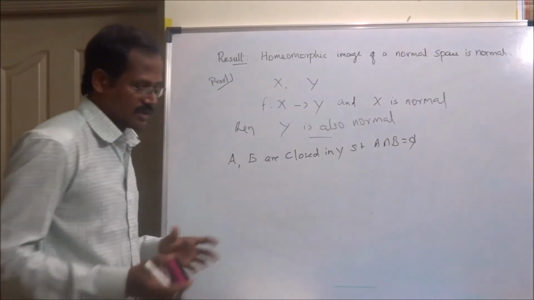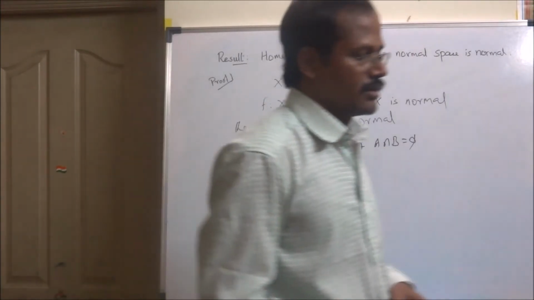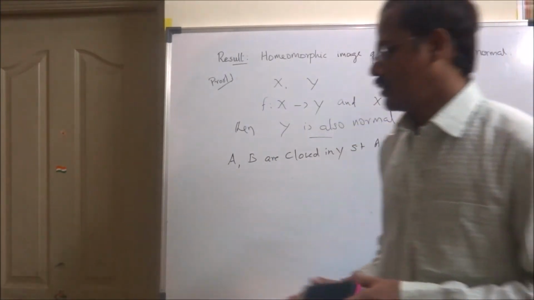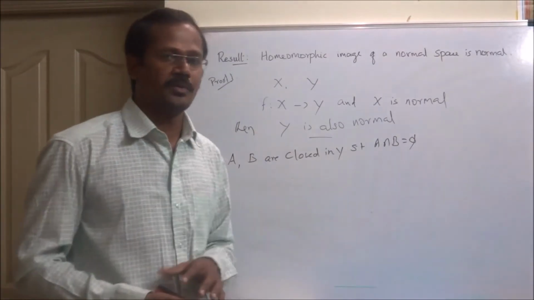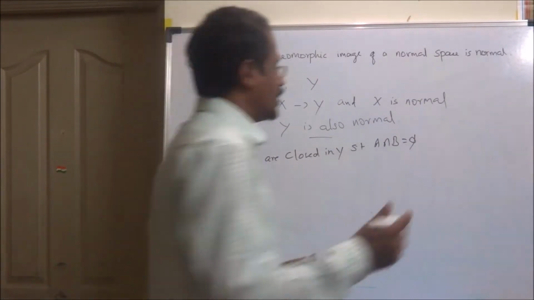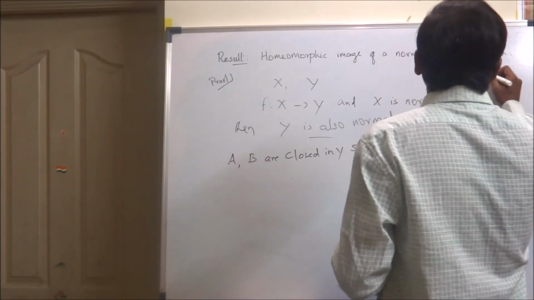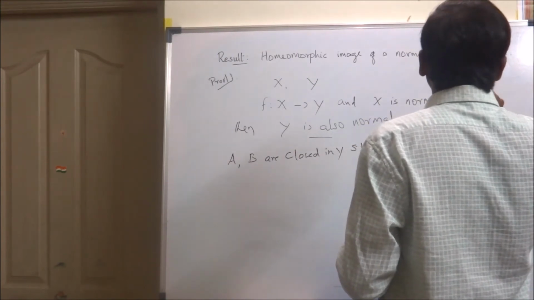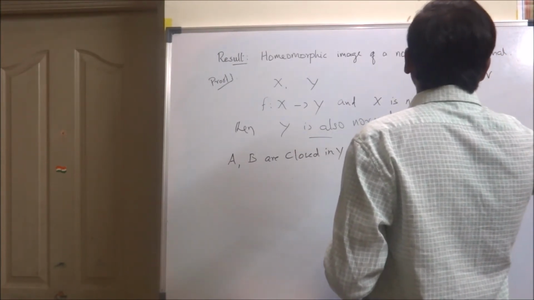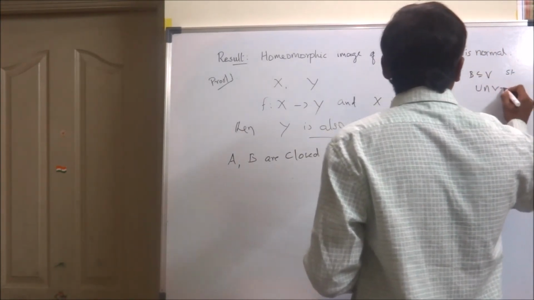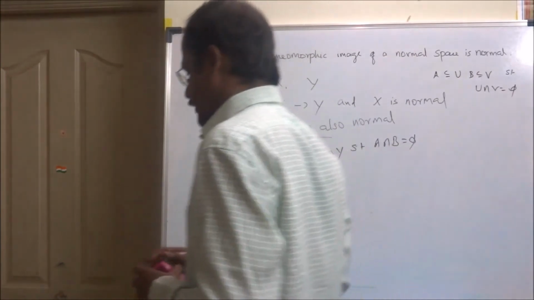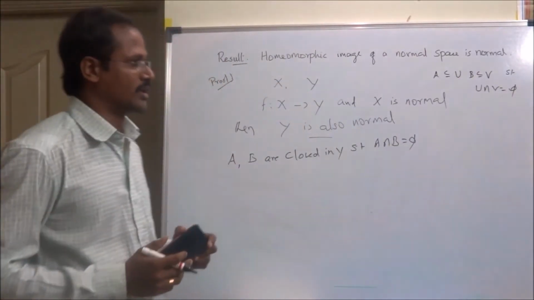So we are considering two disjoint closed sets in Y. We need to prove that these two closed sets can be separated by means of disjoint open sets. That is, we need to find U an open set and V an open set in Y, U containing the set A, V containing the set B, such that U intersection V is empty. So we need to prove that result.